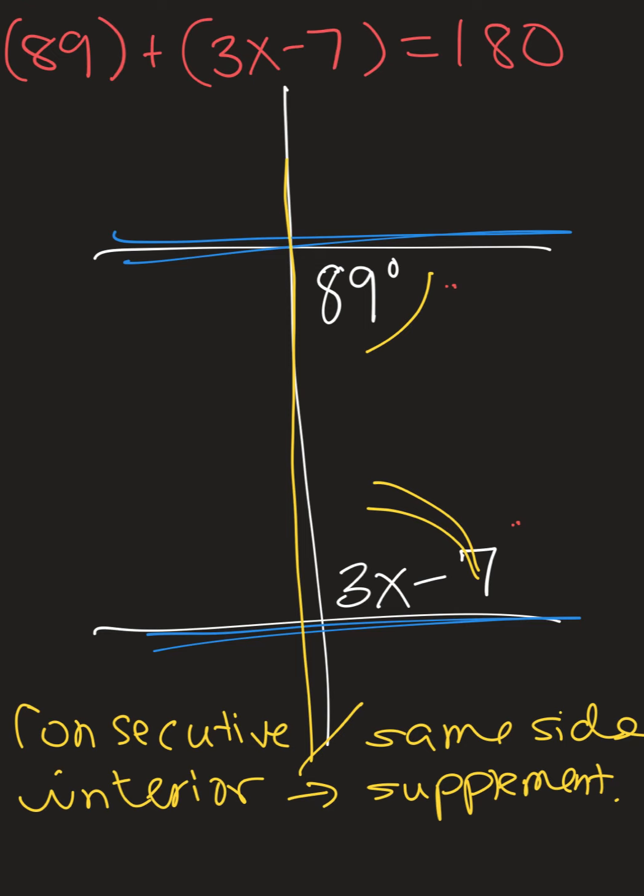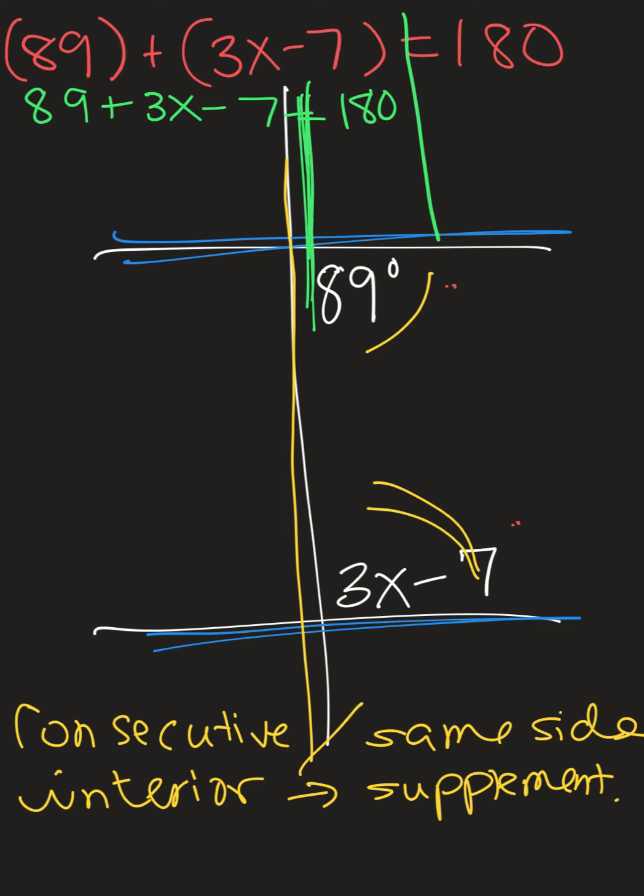So this is where some of those situations that we've been talking about recently come into play. I have like terms on one side of the equation. So I can drop these parentheses. I can rewrite it as 89 plus 3x minus 7 equals 180, right? I'm going to use the transversal here as my line, kind of.